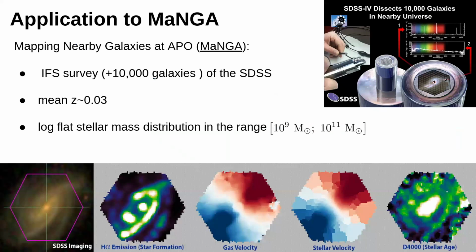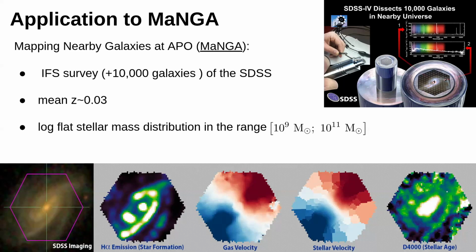Okay. Now, our intention was to have a look again from another perspective at the mass budget of galaxies. To do that, you need a large, statistically important sample, and this is given by MaNGA. MaNGA is the integral field spectroscopy survey of the SDSS, targeting more than 10,000 galaxies in the local universe with a mean redshift of 0.03.